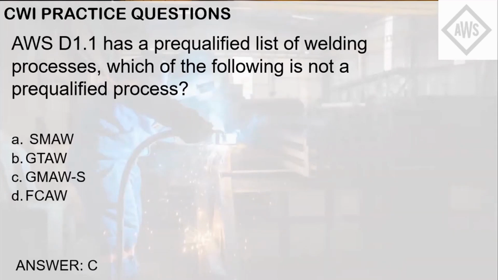So the AWS D1.1 code specifies that you need to qualify it with a procedure qualification record, or you have to test a coupon in order for the welding process to be qualified. If you don't have that proof or test document, this welding process will not be qualified.